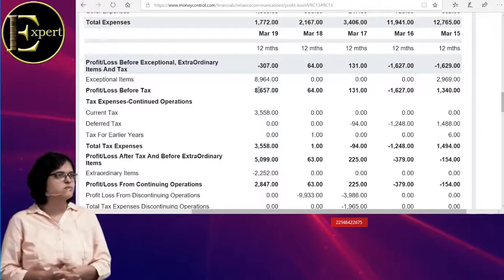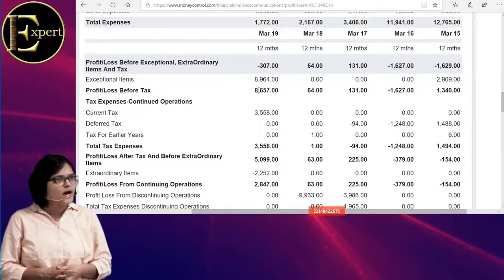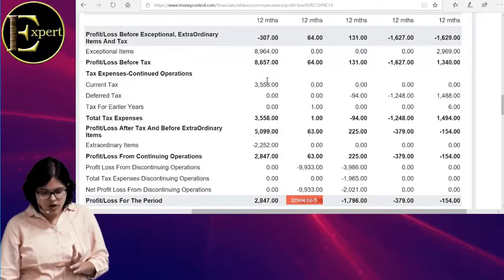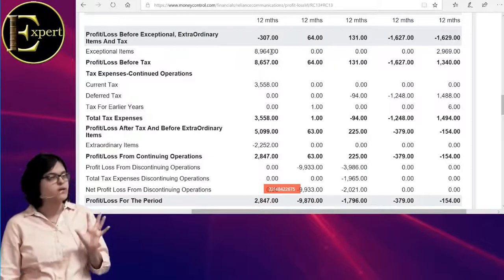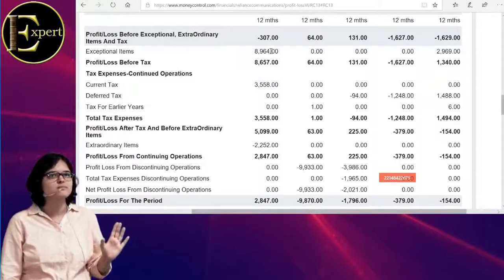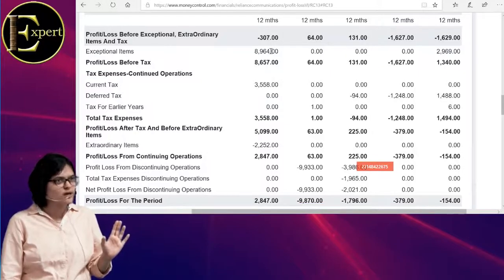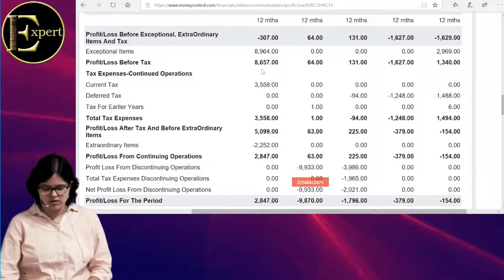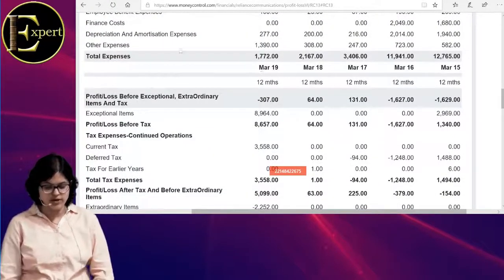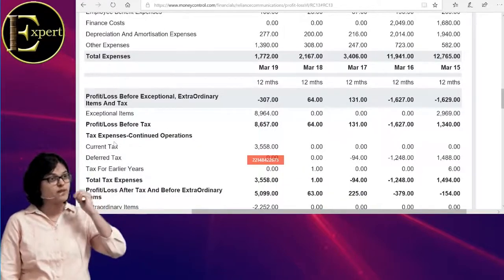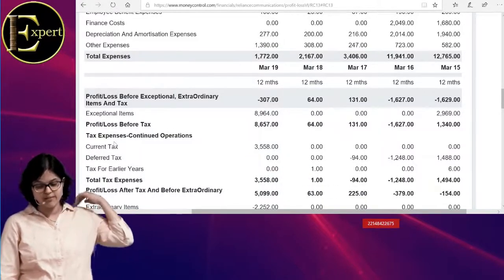That's not a good thing. And this year's profit has only increased because of this standalone parameter, nothing else. Is this okay? Yes. So we were actually talking about the debt to equity ratio, but when we discuss P&L, definitely remind me that we should talk about this exceptional items again.